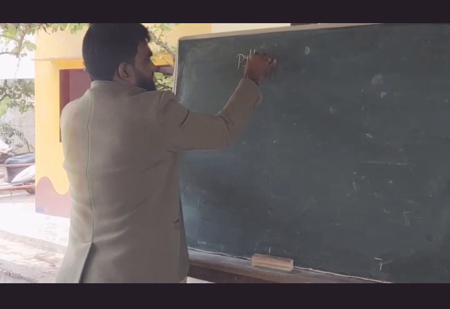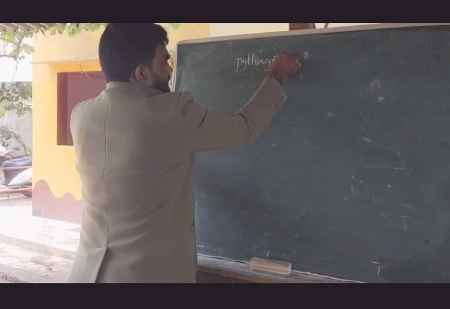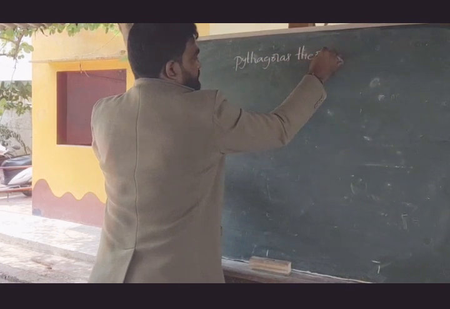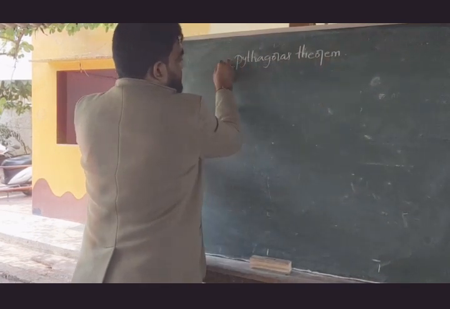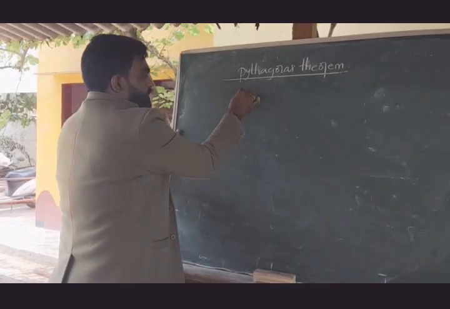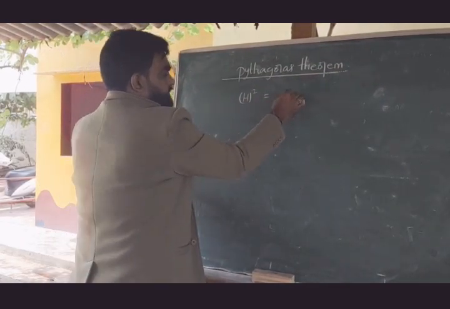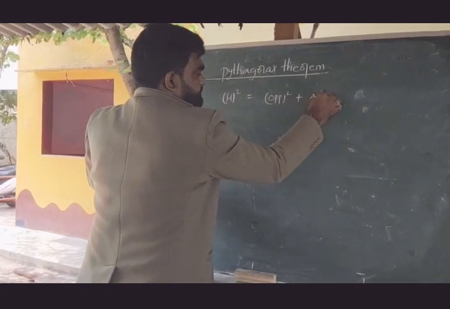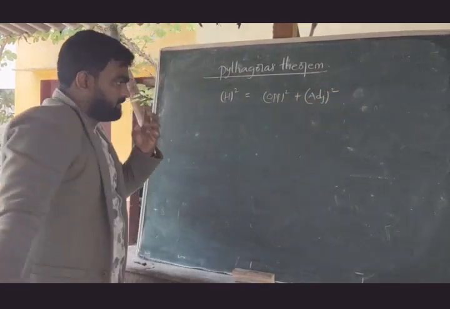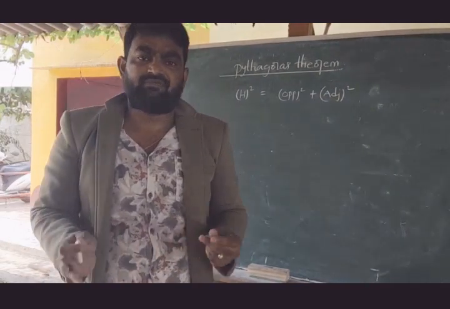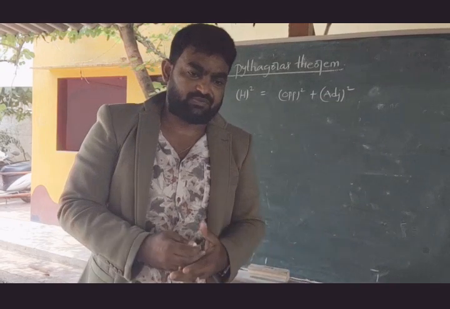Actually, what is Pythagoras theorem? Square of hypotenuse is equal to sum of the squares of the other two sides.